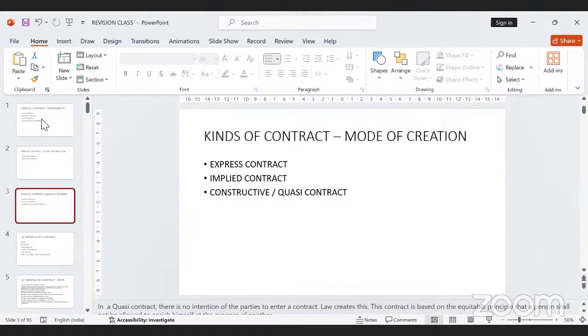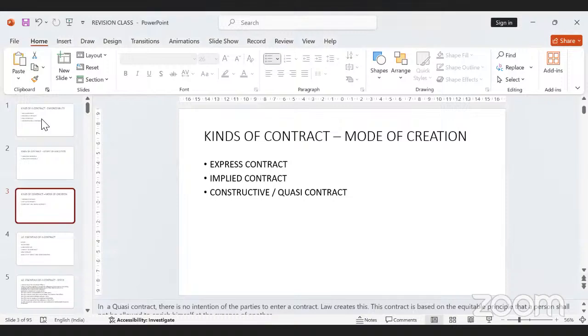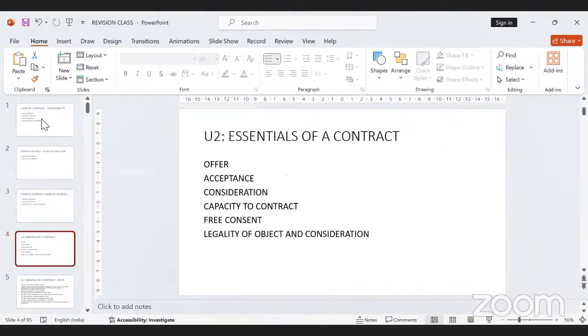So this contract is based on the principle that one person shall not be allowed to unduly benefit because of the mistake that has been committed by another person. So, for example, if one person forgets some goods belonging in another person's house, it is the responsibility of the other person to return those goods, right? So that is a quasi contract.